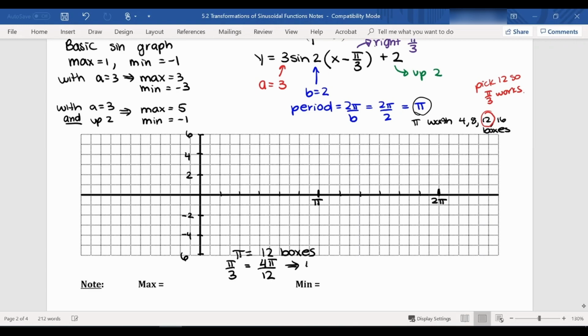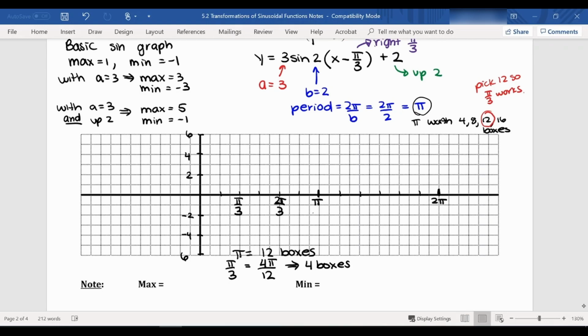And so this is going to be 4 boxes. So pi over 3 would be 4 boxes, which makes sense because 4 would be pi over 3. So another 4, that's 2 pi over 3. Another 4 would be 3 pi over 3 or pi, which is where I end up. Okay? So that works for us.